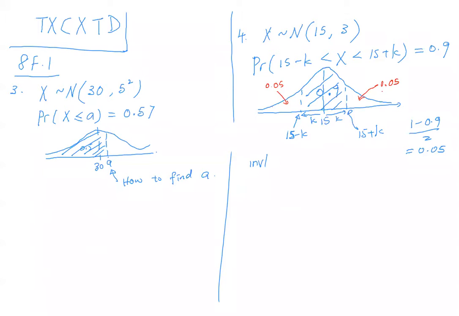You definitely have to use inverse norm. Area, the first one is always the area. The mean. The standard deviation. And this is only possible for those who have the center. Center must be symmetrical. Left and right must be the same. Okay, you can get this.